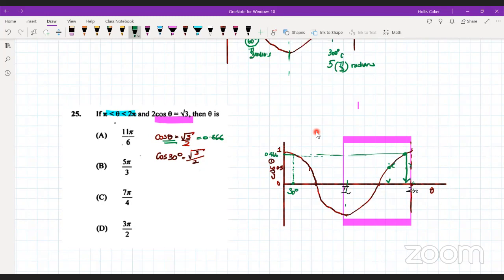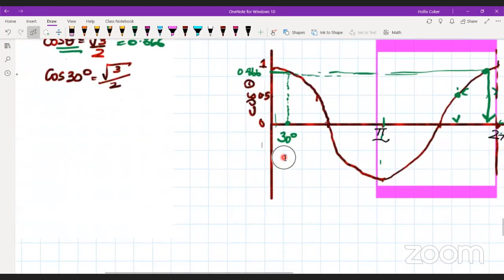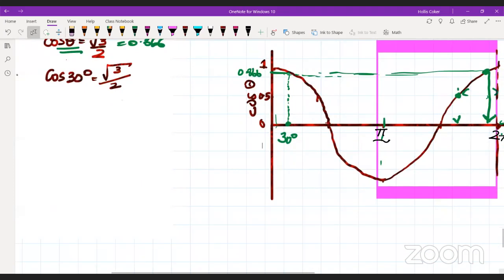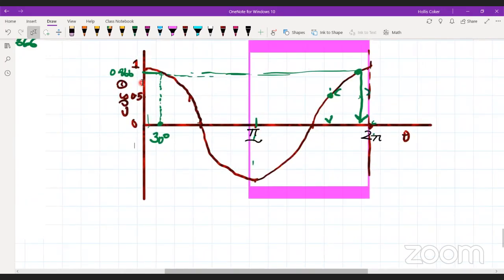Because of symmetry, let's zoom in so you can see what I'm talking about. Whatever distance I travel going from 0 to 30, because of the symmetry about the halfway line, is the same distance I travel from 2 pi going backwards to here.